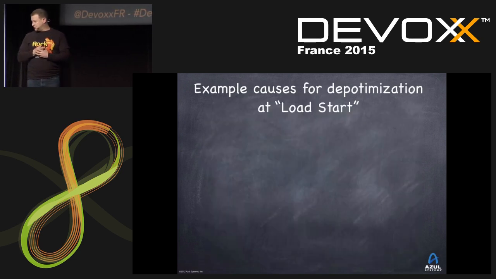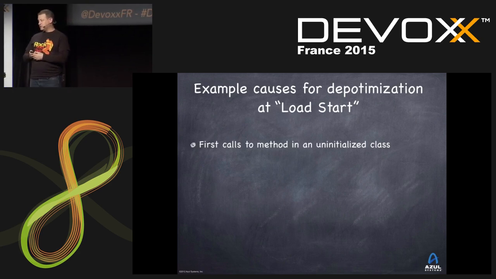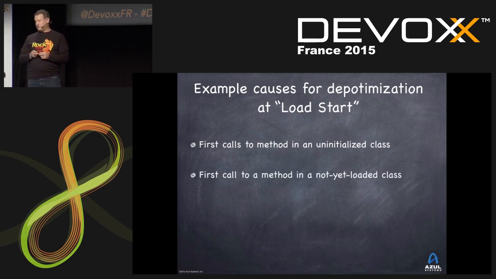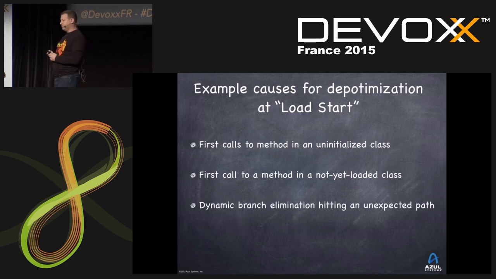Okay, so that's our code in a good case, or in a non-deoptimizing case. Other examples of deoptimizations that can happen, well, we talked about the first call to a method that's uninitialized. I just showed you that. We can have a call to a not yet loaded class. That's a different thing. If the class is loaded, it may still not be initialized.